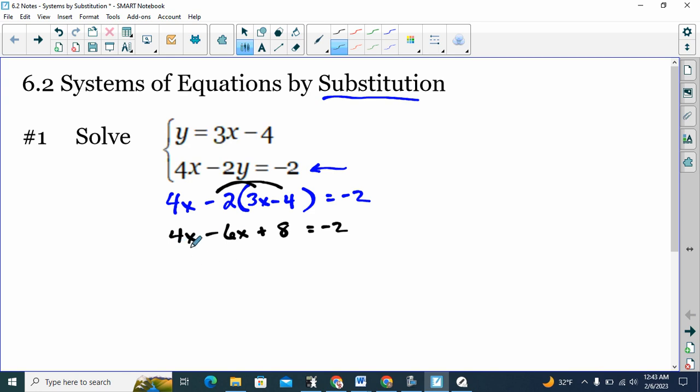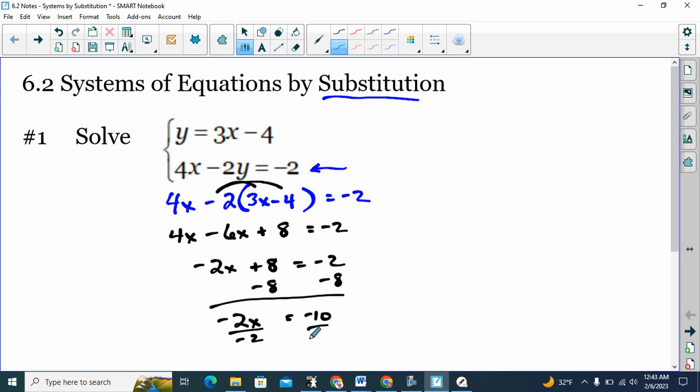I'm combining these like terms right here. 4x minus 6x is negative 2x. Subtract 8 from both sides. Divide both sides by negative 2. I get x equals 5.